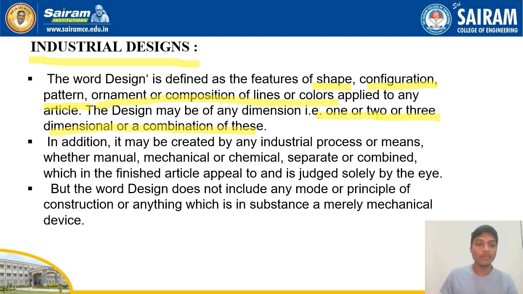It may be created by an industrial process or means, whether manually, mechanically or chemically, separately or in combination. But the word design does not include any mode or principle of construction, or anything which is in substance merely a mechanical device.